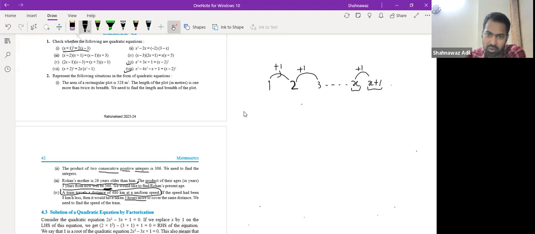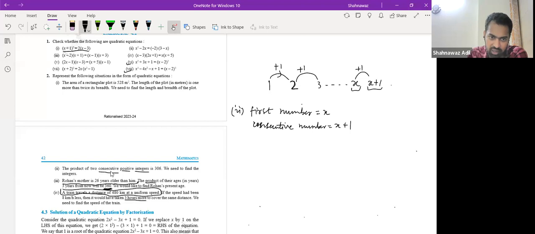So let us assume that in the question the first number is x. So the other consecutive number would be x plus 1. So this is the first information. In this part, they are saying the product, right? What would be the product of x and x plus 1?